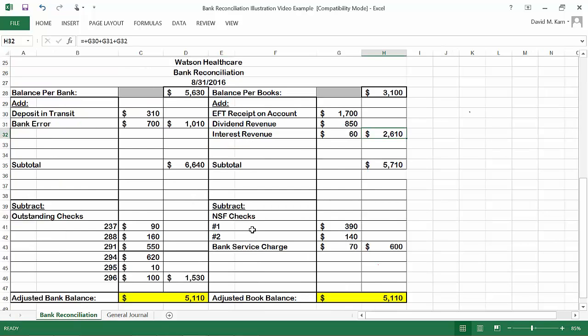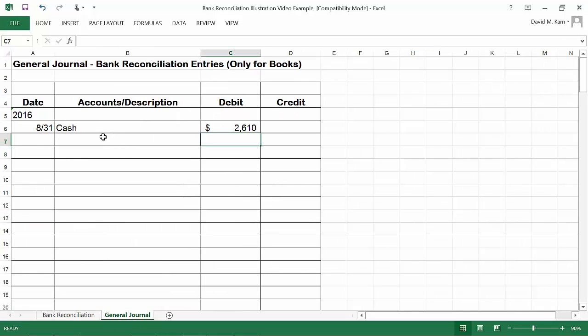And then we need to figure out what we're going to credit. All right, so an EFT, receipt on account, means that a person, a customer, has reduced what they owe us. So we're going to credit accounts receivable in this case for that amount. And then we know the other two accounts would be specific account revenue accounts.